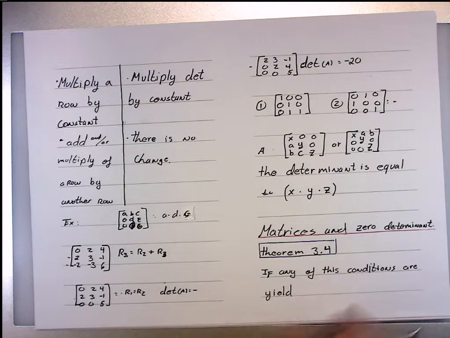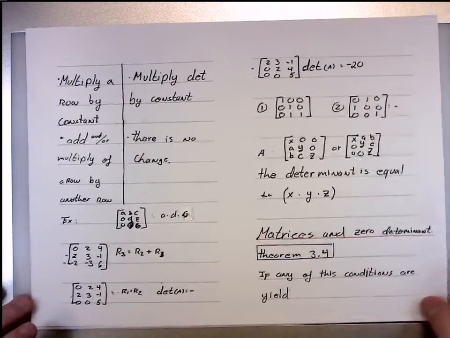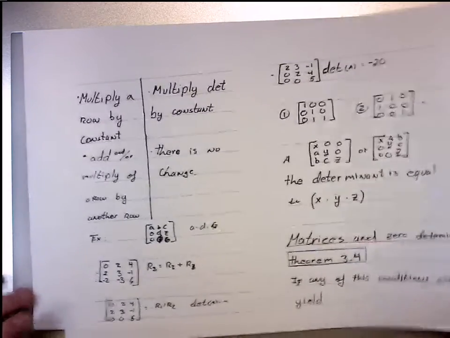As soon as one happens, this happens. So if any of these conditions happens, you're going to have a zero determinant.